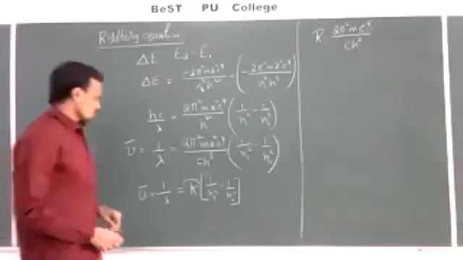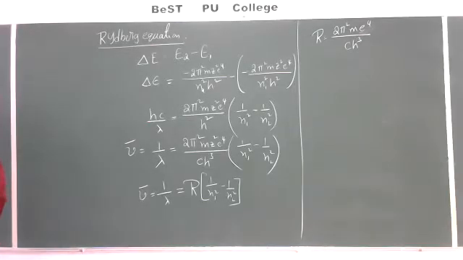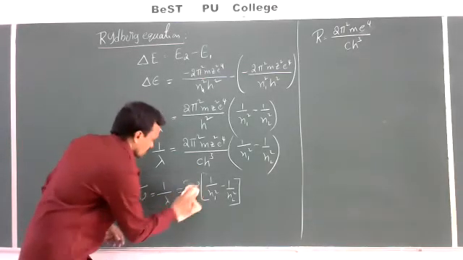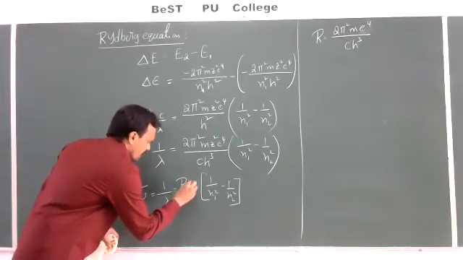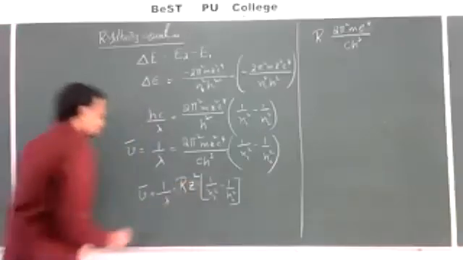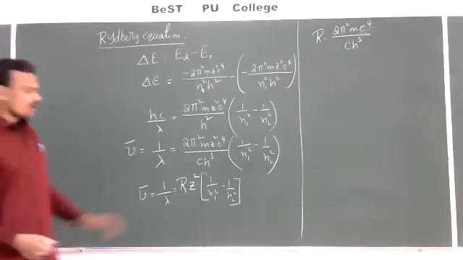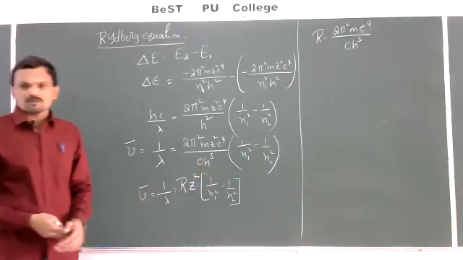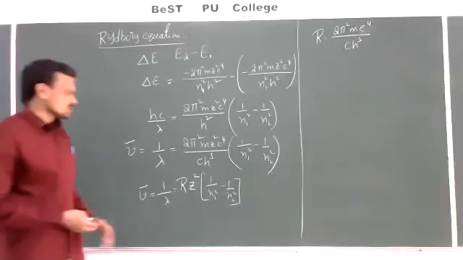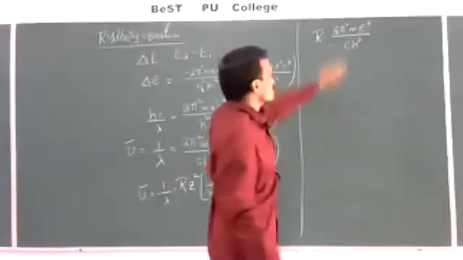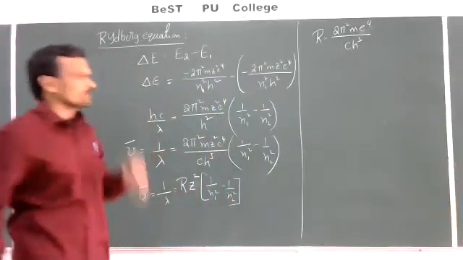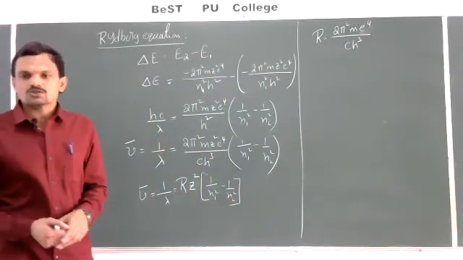For hydrogen-like species, you can write this equation as 1 by lambda is equal to R Z square into 1 by n1 square minus 1 by n2 square. For hydrogen, Z is 1, so no need to consider this. The expression of R is 2 pi square m e power 4 by c h cube.